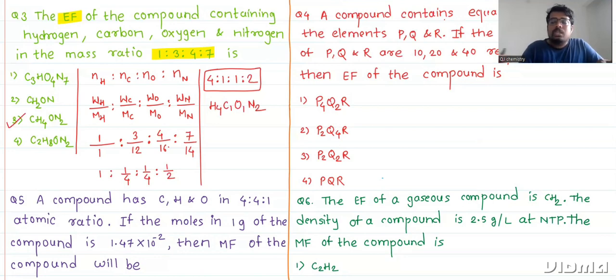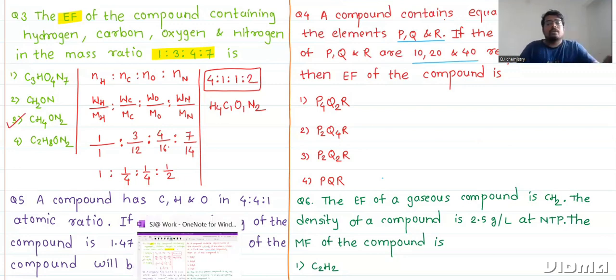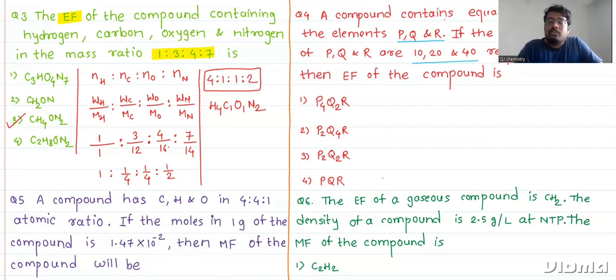The compound contains equal masses of elements P, Q, and R. If the atomic masses of P, Q, and R are 10, 20, and 40 respectively, then the empirical formula of the compound is? Here, equal masses of the elements P, Q, and R are given to us. Take the mole ratio: number of moles of P atoms is to number of moles of Q atoms is to number of moles of R. Number of moles is weight divided by atomic weight.